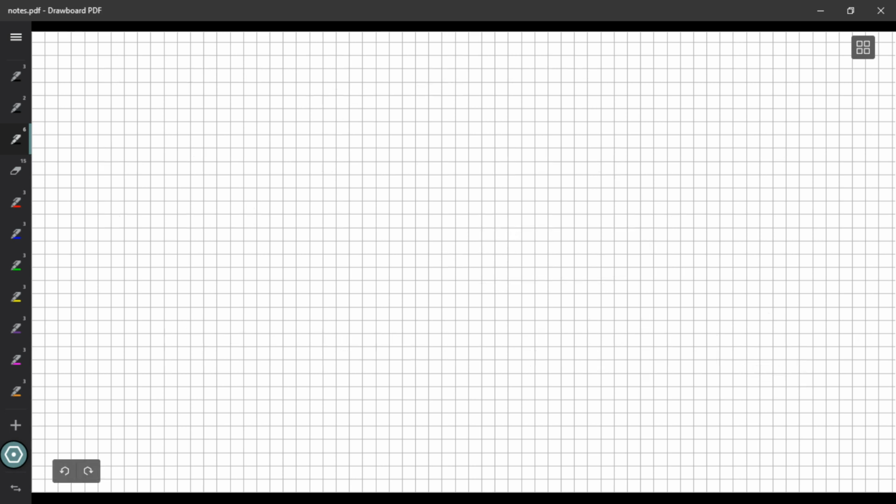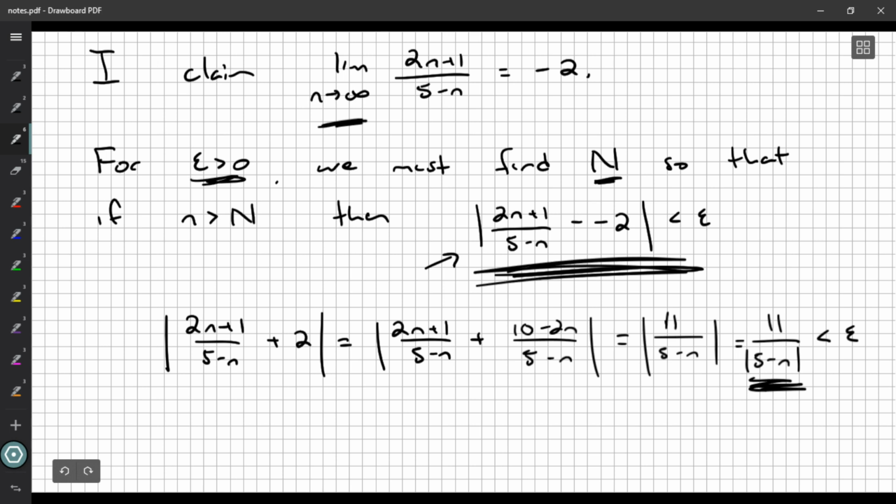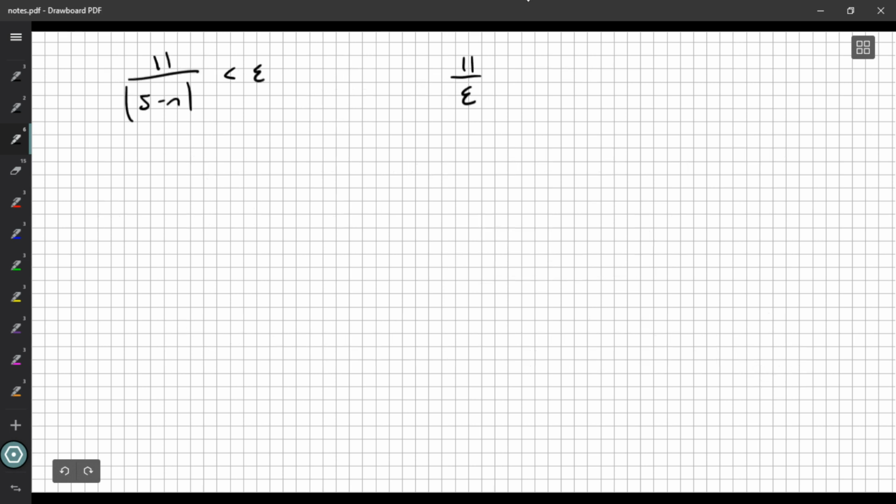Okay, so let's play around with this a bit more. If we rearrange it, divide both sides by epsilon, which is positive, the sign here doesn't change. Multiply both sides by the absolute value of 5 − n, also positive, so the sign doesn't change here.